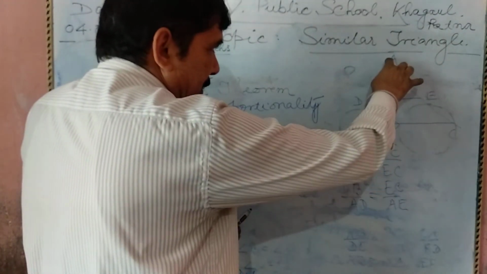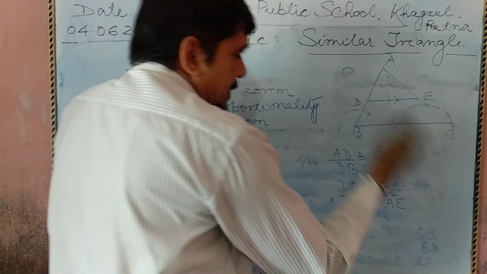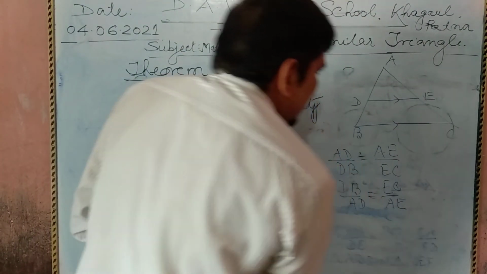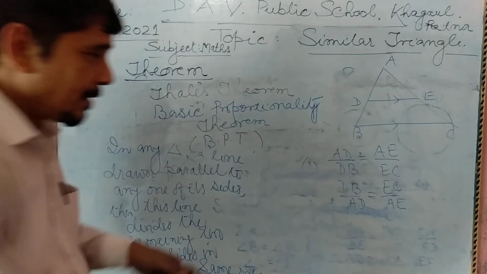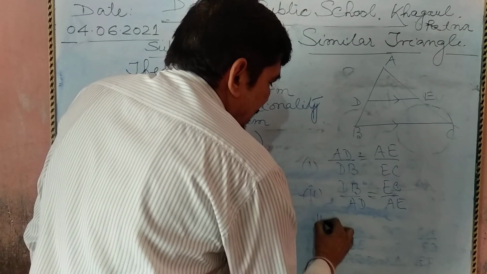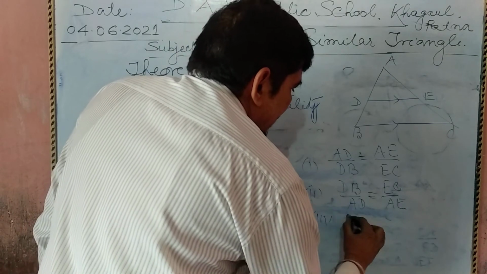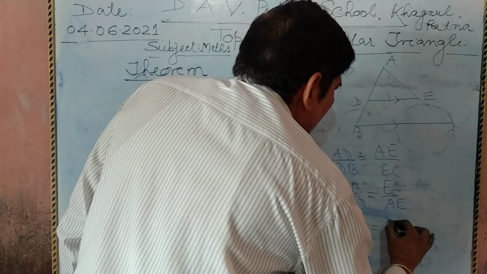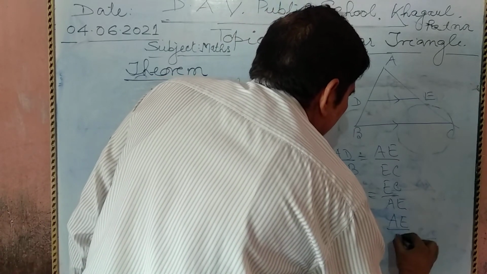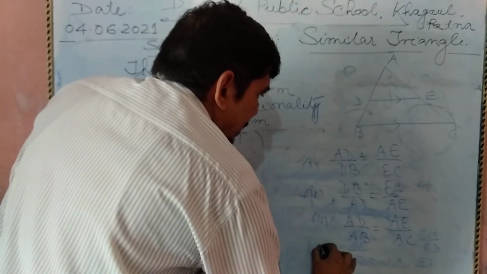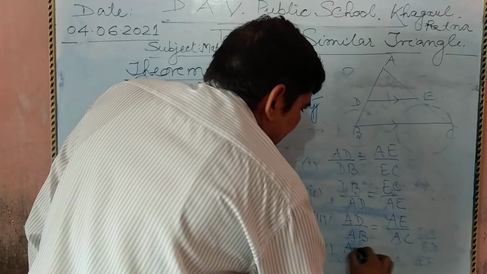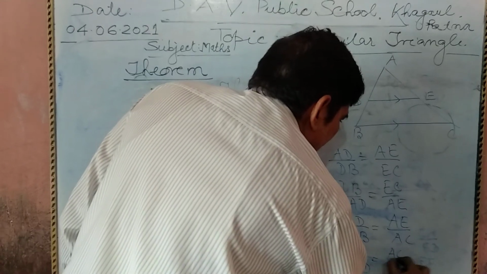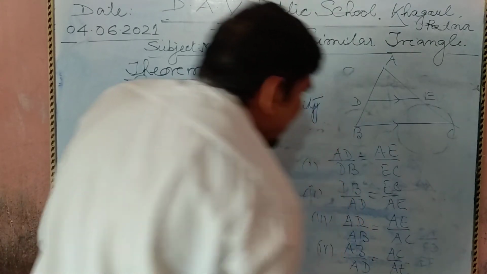Whatever ratio you are taking in side AB, the same ratio should be in the other remaining side AC of triangle ABC. Now, the third condition you can take: AD by AB is equal to AE by AC. Now, the fourth, the reverse: AB by AD is equal to AC by AE.